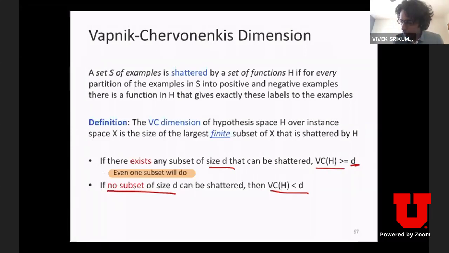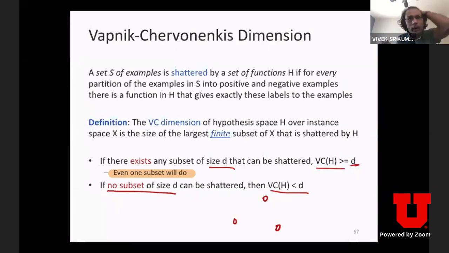We had this one set, right? Points that were not collinear. If we can find one set of 3 points that are shattered, then the VC dimension is at least that much. So the fact that 3 collinear points cannot be shattered is less interesting, because 3 points that are not collinear can be shattered. As a result, the VC dimension is at least 3.